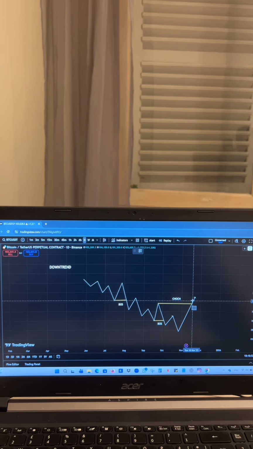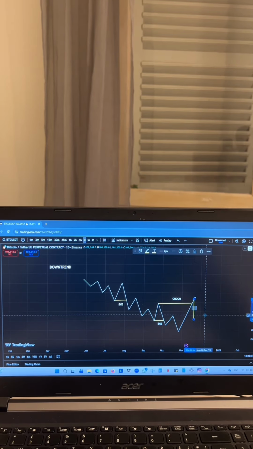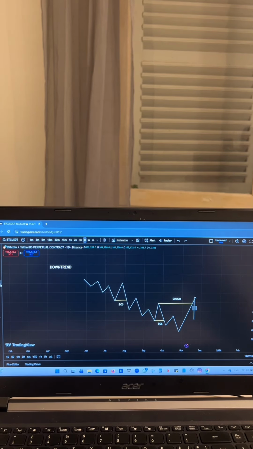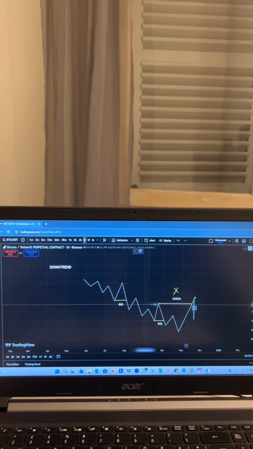Even if it's closed by a wick, it's still not a valid change of character. So what we are going to do is go through this wick until we find a valid change of character, a valid candle body.